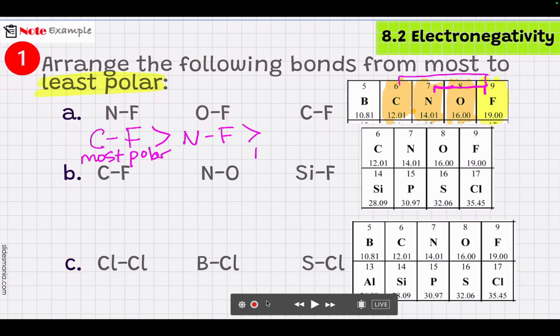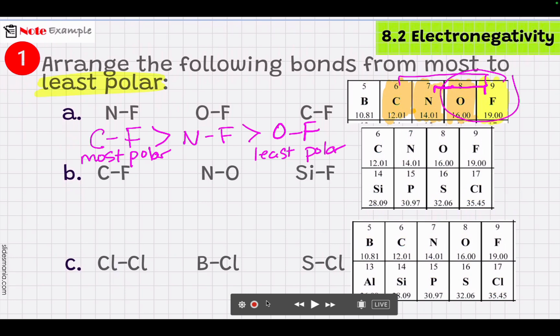And then the least polar would be the ones that are closest to each other in electronegativity, so there isn't that great of a difference, there isn't a big disparity between their electronegativities. And that would be the O and the F. So you could pause the video and try the next couple.